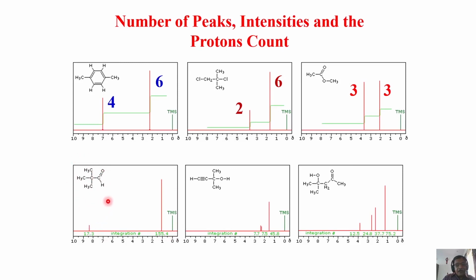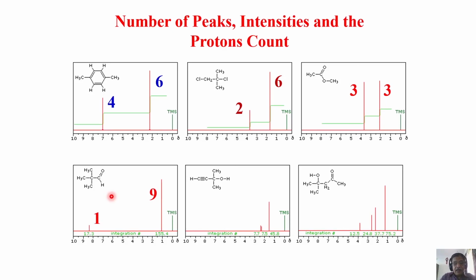So this molecule has 10 protons, 9 of which are equivalent because of 3 CH3s, and only one is different. So what should you expect? 2 peaks. What is the intensity ratio? 1:9. Marvelous. We understood that, right?